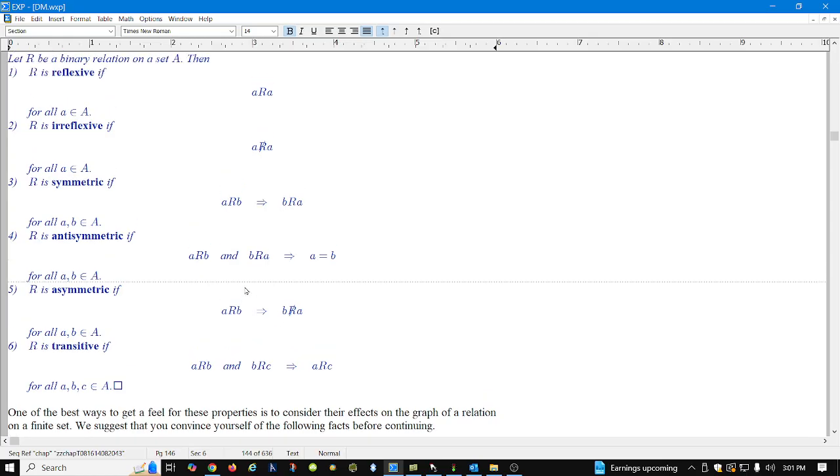I know it's a lot to remember, to memorize if you will. I think most of these are pretty straightforward. It's this group related to symmetry that can get confusing, in particular the difference between antisymmetric and asymmetric. It might help to think about the prefix a on a word.